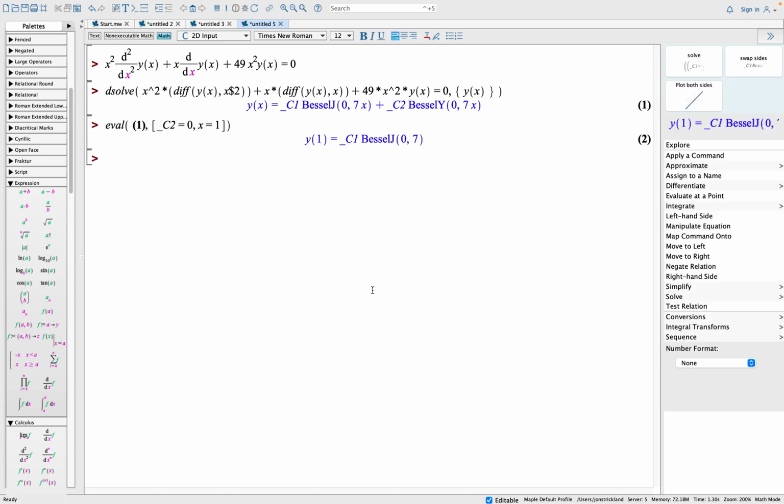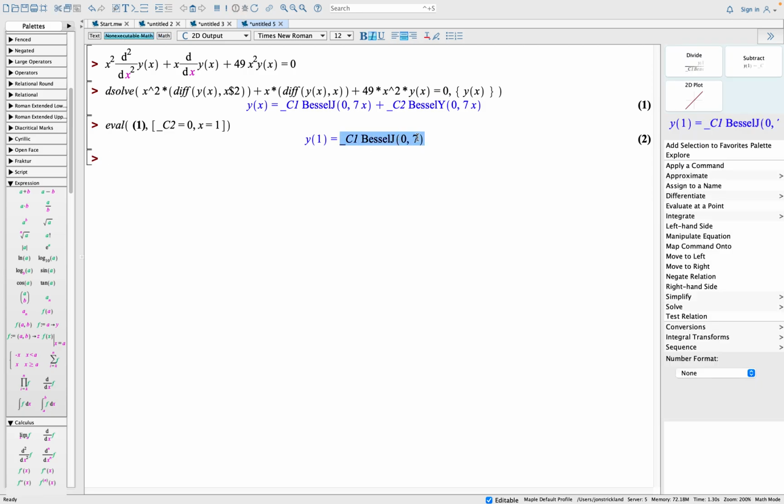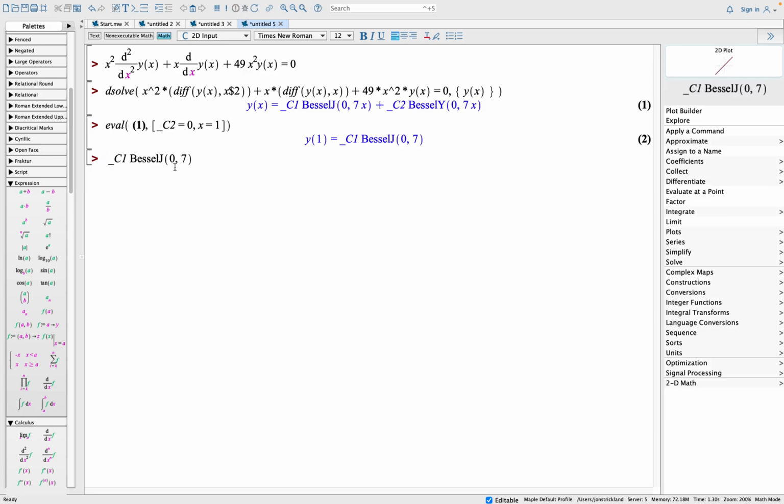Now for 0, 7, the 0 is in reference to the zero order, and looking at solving for C of 1, again we had the condition that y of 1 was equal to 10.7.